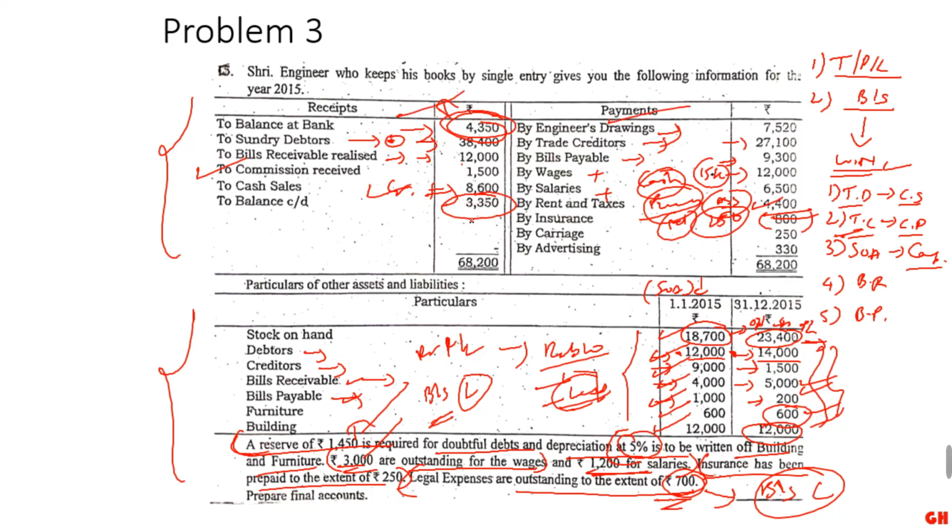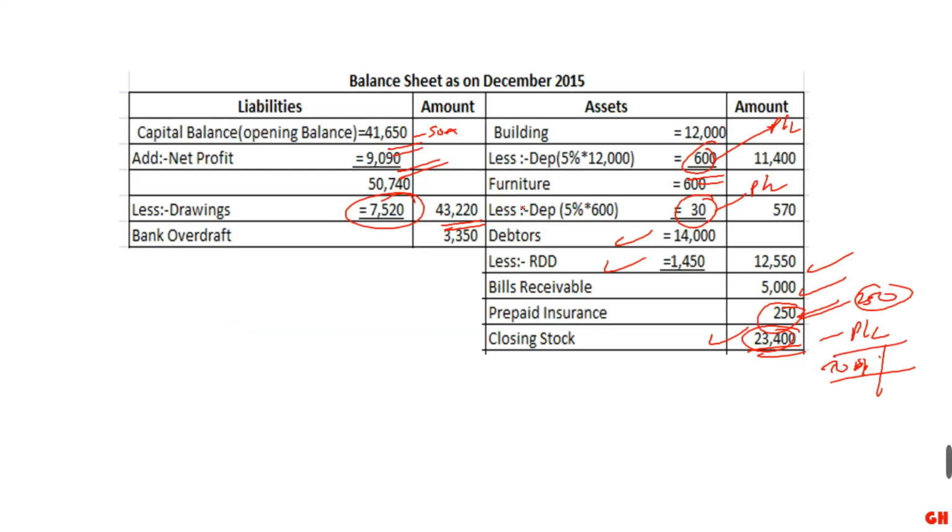This is the bank overdraft. Even though Shree Engineer did not have the amount, the bank has paid from his account an excess of 3,350. So this 3,350 Shree Engineer is supposed to pay the bank. That's why it is written on the liability side as bank overdraft.